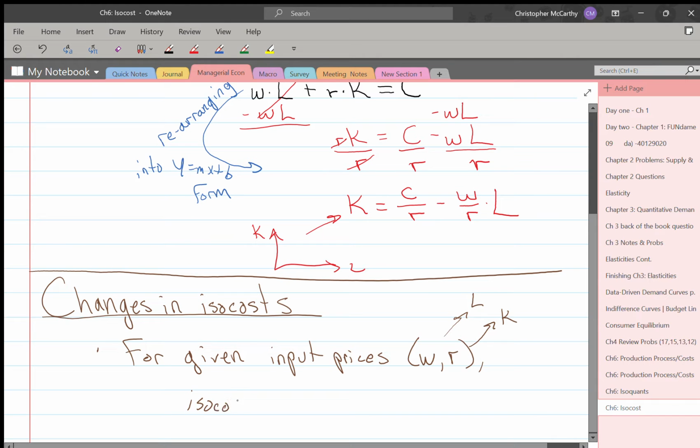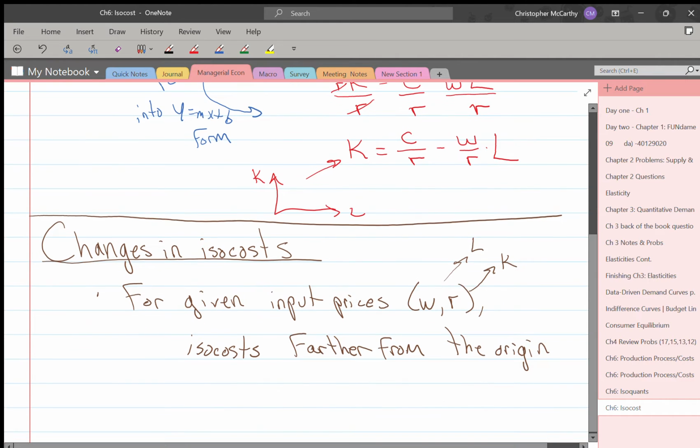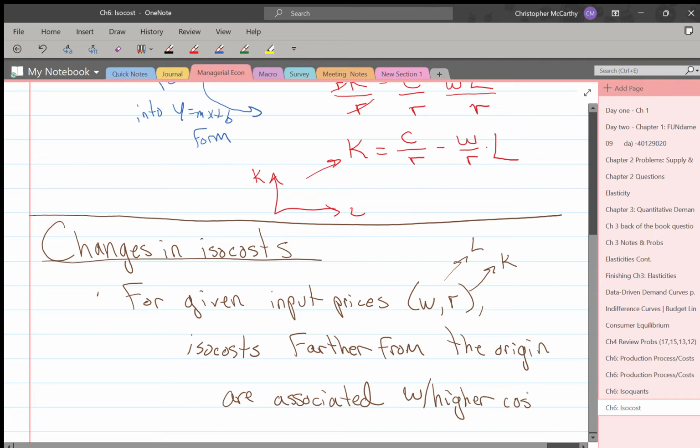R is the rental rate of capital. Isocosts that are farther from the origin are associated with higher costs.